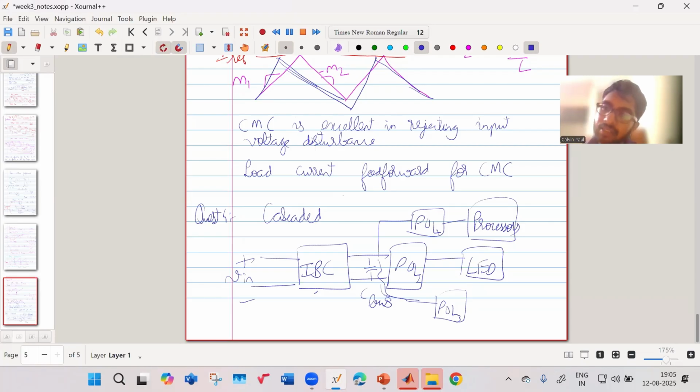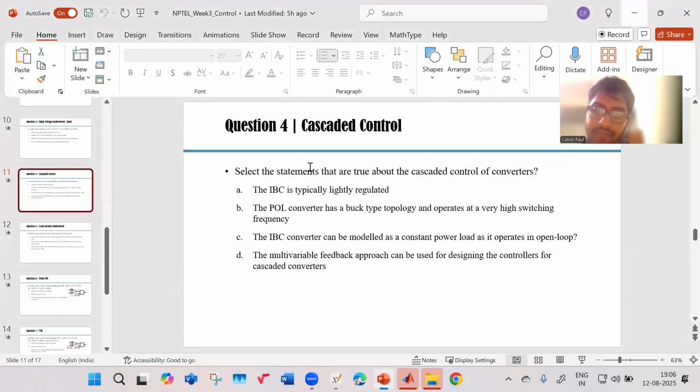The POLs act as a load for the IBC converter, so the POLs can be modeled as a constant power source. The power drawn by the POL at one particular instant is constant. Even though fluctuations are there, in much literature the POL is modeled as a constant power source. That's why these questions are there.